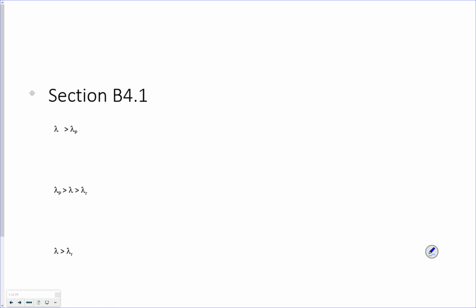So we're going to be talking about 3 different numbers here. My lambda, which is my width to thickness ratio. And again, that's how wide my flange is to how thick it is, or how tall my web is to how thick it is.